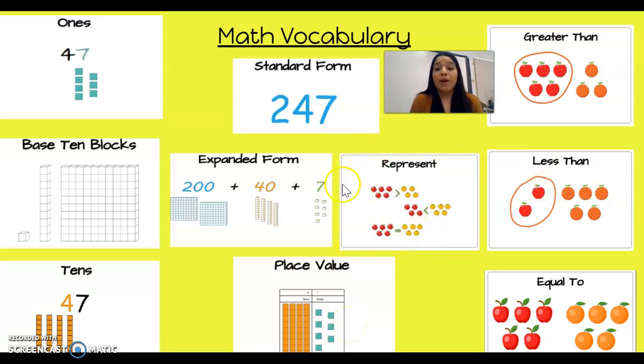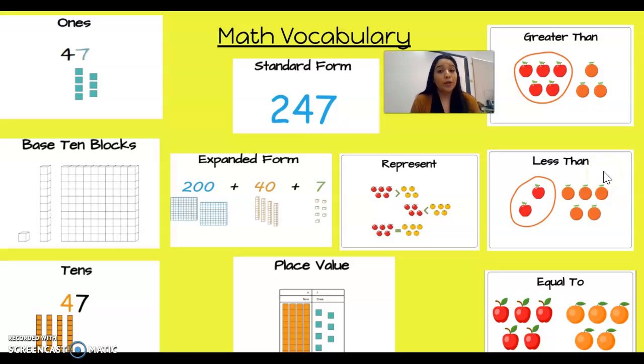Represent. When we are representing, we are able to use our greater than, less than, or equal to symbol. Greater than. Greater than is which one has more. So which one has the most, the bigger number. So right here, there are more apples than oranges, since there are more apples. In less than is which one has the least amount.